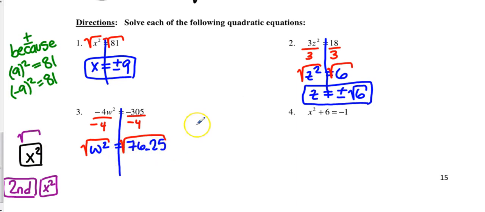And we will enter in 76.25, close the parentheses, hit enter, and we should get w equals plus or minus 8.732, and it keeps going, but I'll just round it to 3 decimal places.